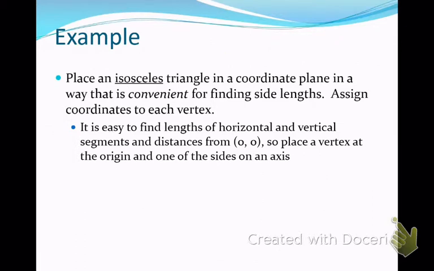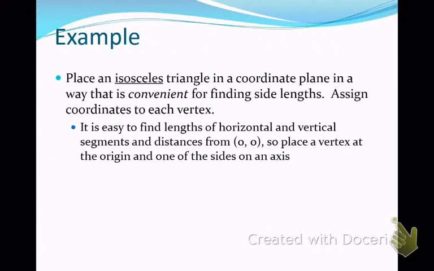Okay? Now, the idea behind a coordinate proof is that we want to place the shape in the coordinate plane strategically, because we can put the shape anywhere we want to. For example, if we want to place an isosceles triangle in the coordinate plane, we want to do so that it's convenient for us and convenient in finding side lengths.